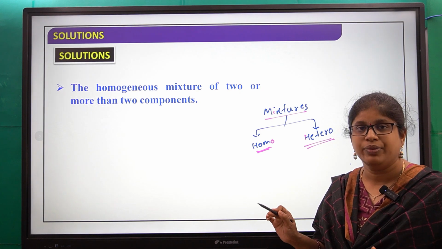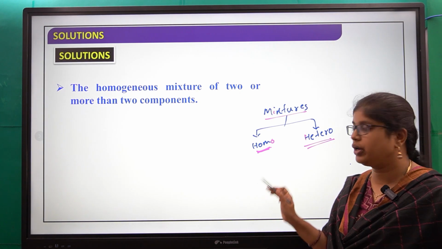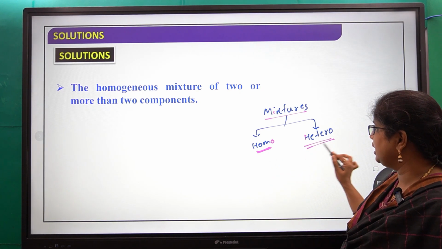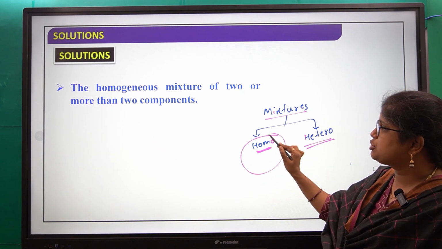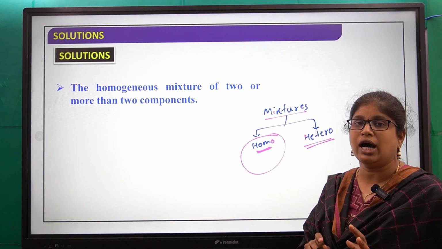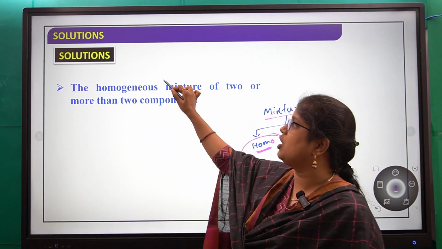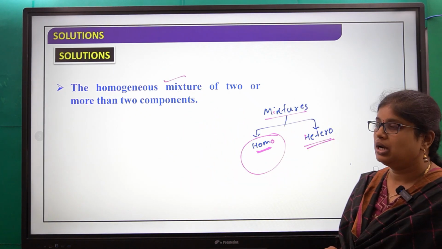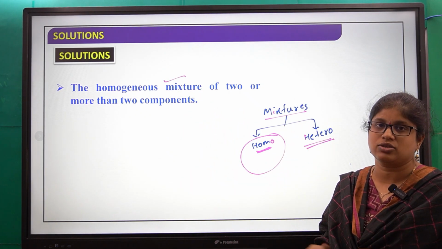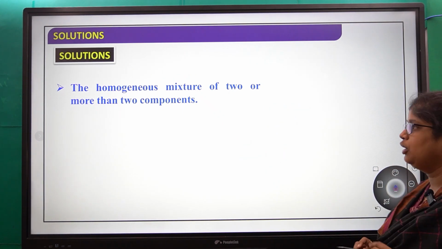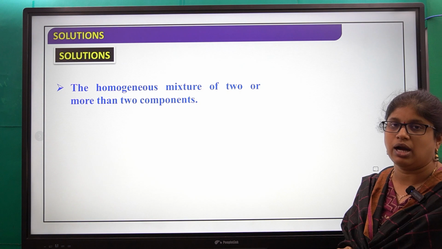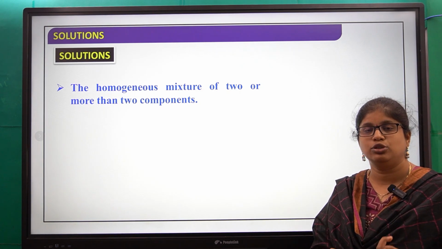Homo means same, hetero means different. So a solution is mainly a homogeneous mixture of two or more components.